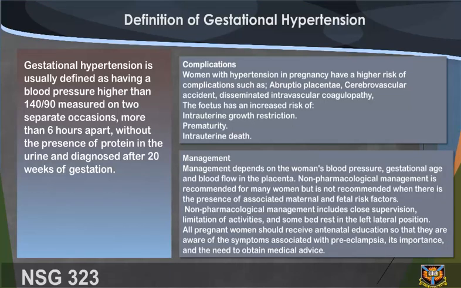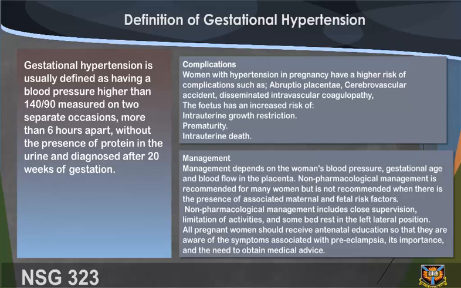Definition of gestational hypertension. Gestational hypertension is usually defined as having a blood pressure higher than 140/90 measured on two separate occasions, more than 6 hours apart, without the presence of protein in the urine, and diagnosed after 20 weeks of gestation. Complications.